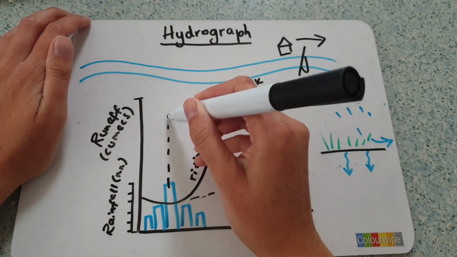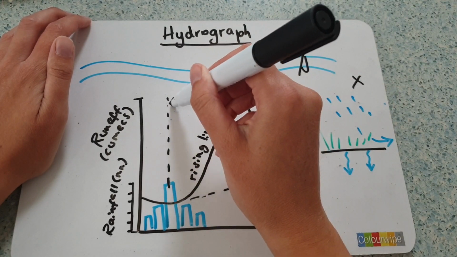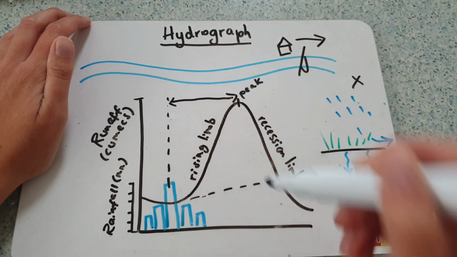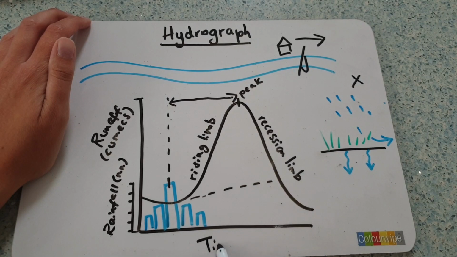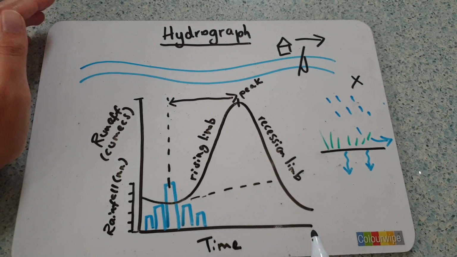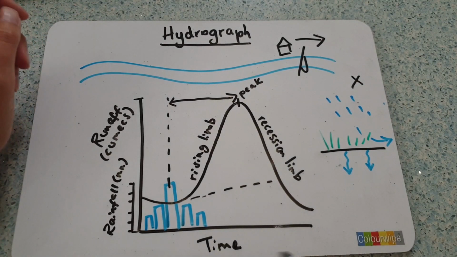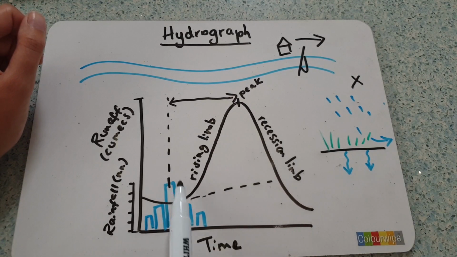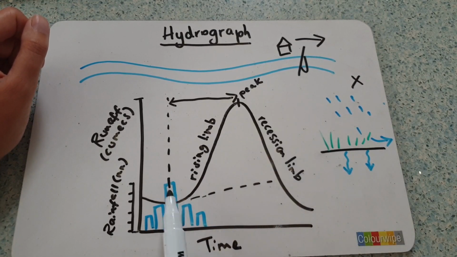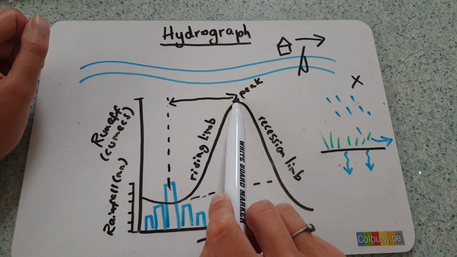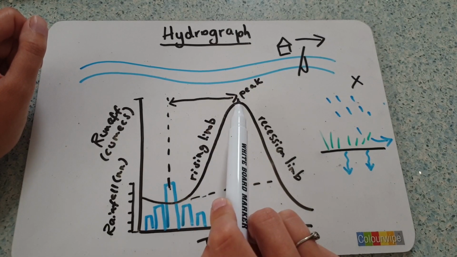So if I were to draw a little line up there, it would be that bit to that bit. Remember, across the bottom, you're going to have some sort of time scale. It could be days, it could be weeks. It's normally days.